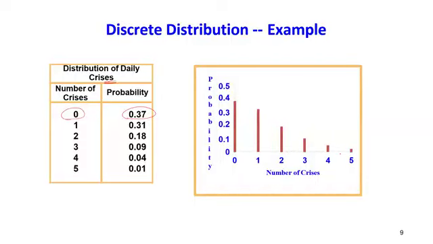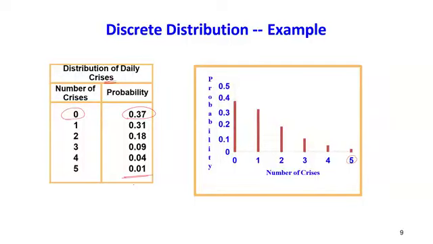This is known as a distribution. Here we have the probability on the y-axis and the number of crises on the x-axis. This is the distribution, and this is the maximum number of crises which has occurred.